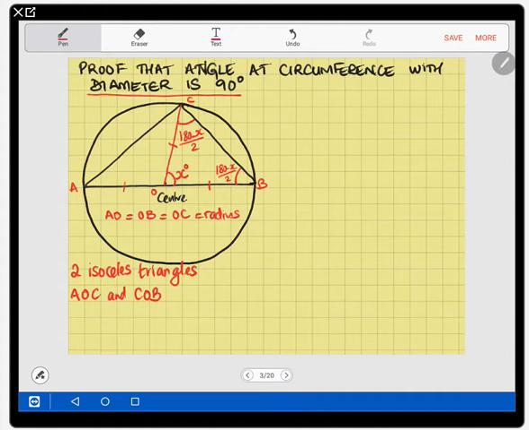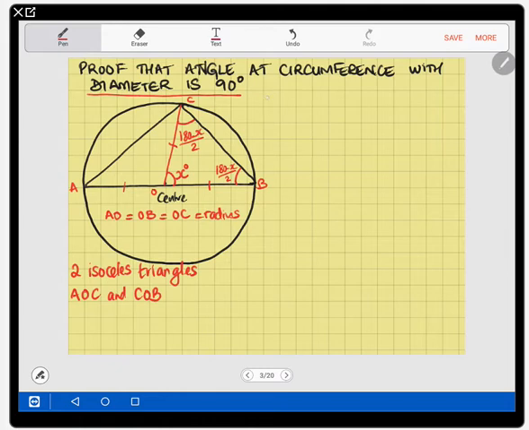From the properties of the sum of interior angles in a triangle, we know that it has to be 180. So if this angle here is X degrees, this angle here would be (180 minus X) divided by 2, because these two angles have to be the same. Why do they have to be the same? Because it is an isosceles triangle.